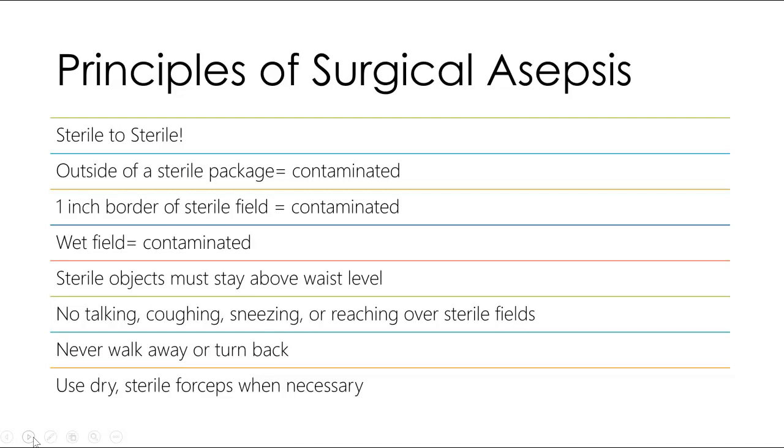Sterile objects must stay above the waist level. You've probably seen on Grey's Anatomy and other shows whenever they scrub in to go into surgery, they do the scrub and then they keep their hands up above their waist level. That's because they are trying to maintain sterile technique. Anytime you drop your hands below your waist, they're no longer considered sterile. So at that point, they are contaminated.